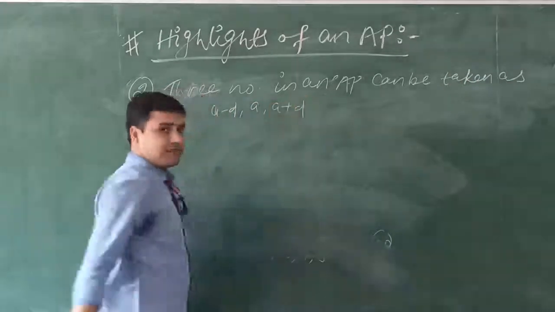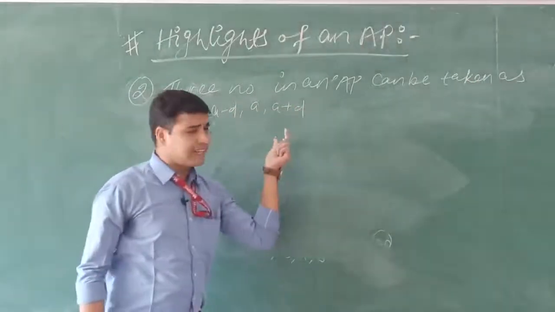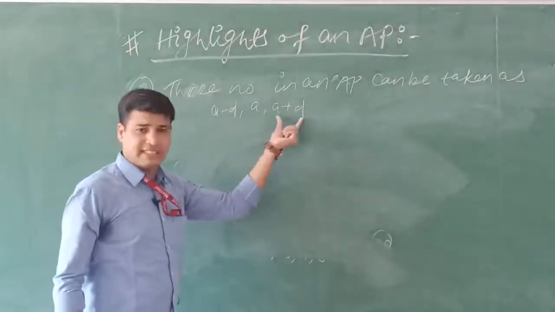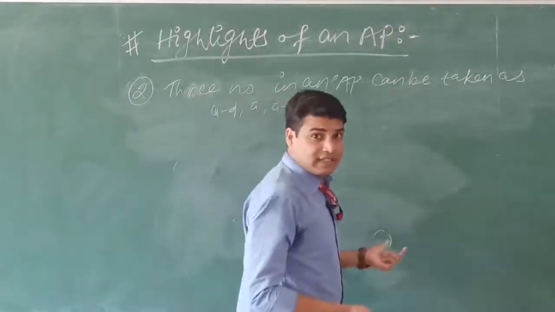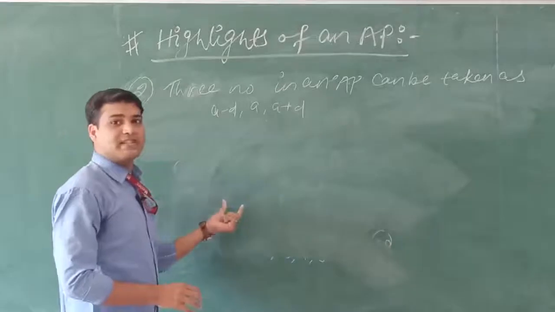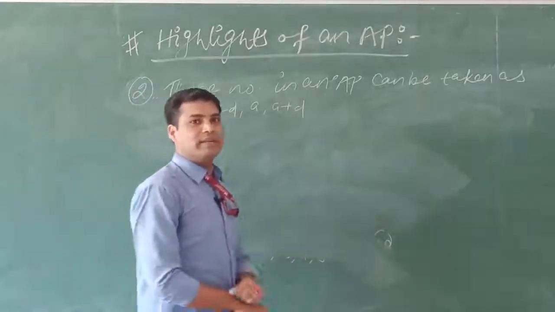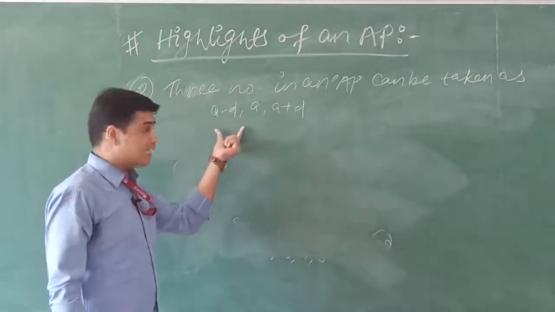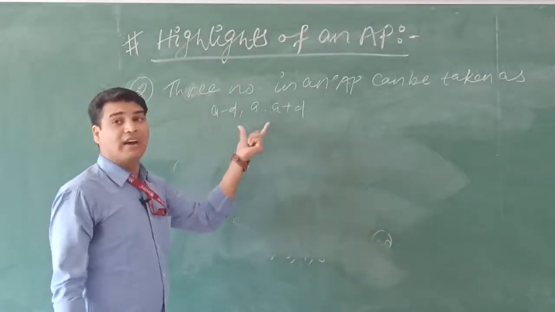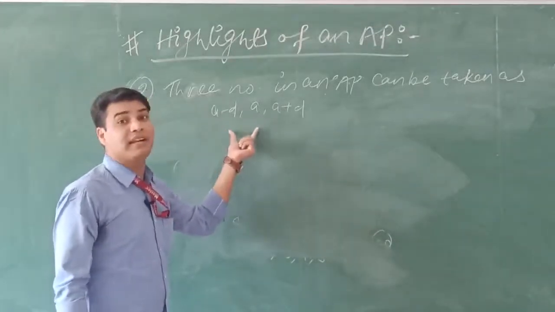So what is the meaning of this? See this here, three numbers in an AP can be taken as A minus D, A and A plus D. This is conventional. Can we take other things? Yes, we can take A, A plus D and A plus 2D, but the calculation will be lengthy. But what is the advantage of taking A minus D, A, A plus D? After adding these we get a result independent of D. How?